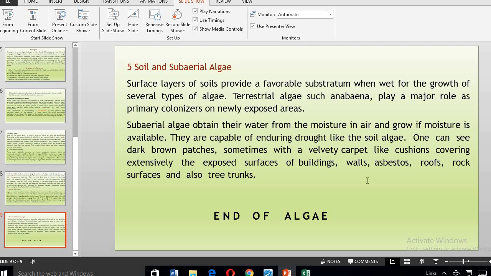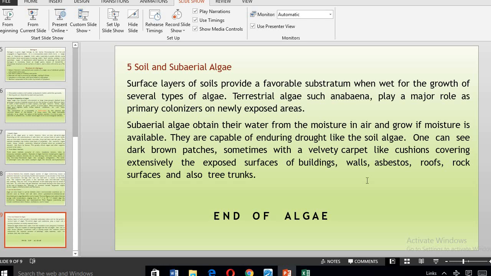Subaerial algae obtain their water from the moisture in the air, and they grow if moisture is available. These subaerial algae are capable of enduring drought-like conditions when the soil has no moisture, just like the soil algae.